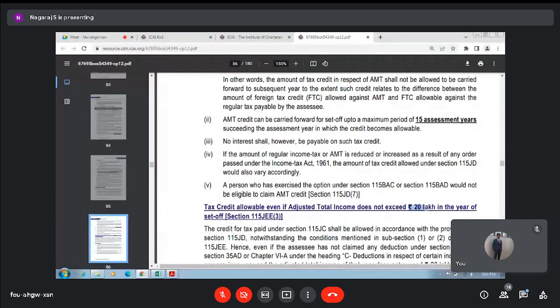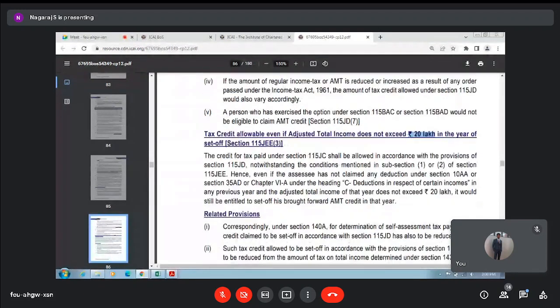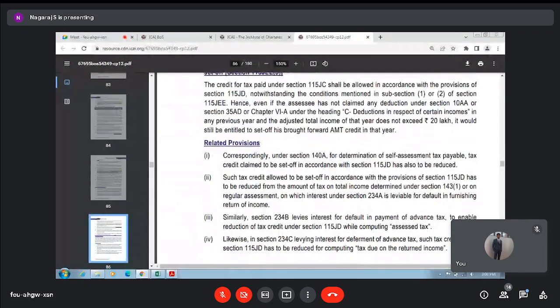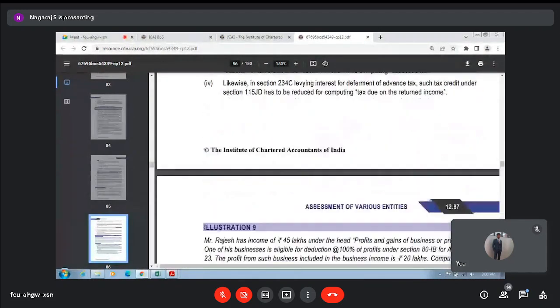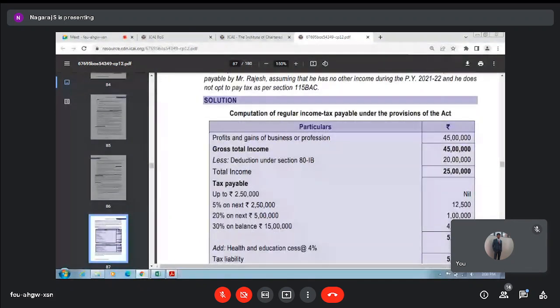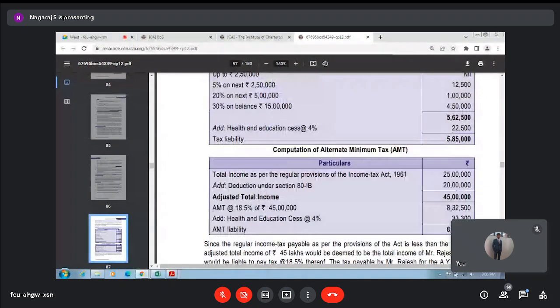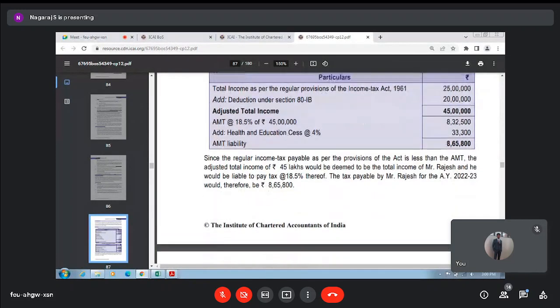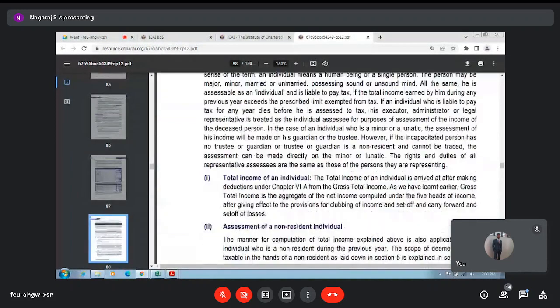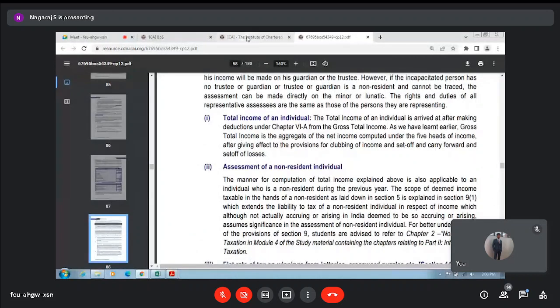See here, 20 lakhs. Okay, that's correct. 20 lakhs is correct one. I thought it is 2 crores initially. That's why I got a little confused. Okay, and one more thing I got to know from this.